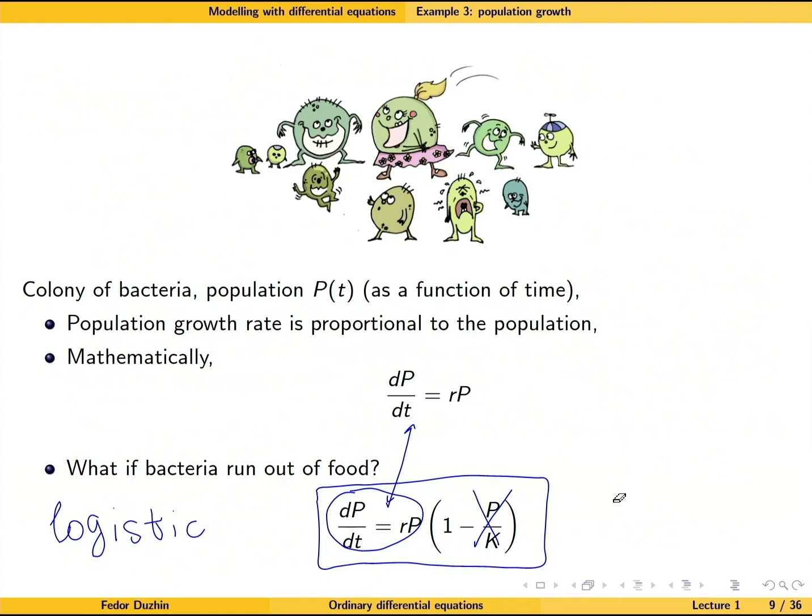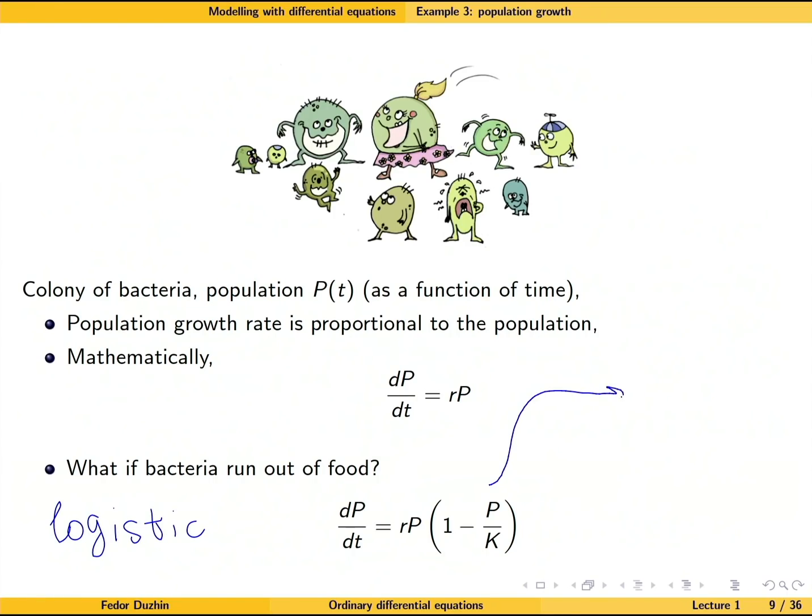If P is much smaller than K, then this equation becomes just dP/dt equals rP. Because if P is much smaller than K, then the right-hand side P over K, well, we can just neglect it, it is almost 0.